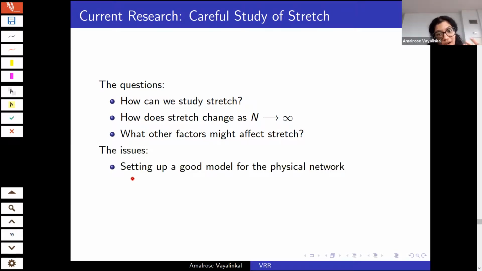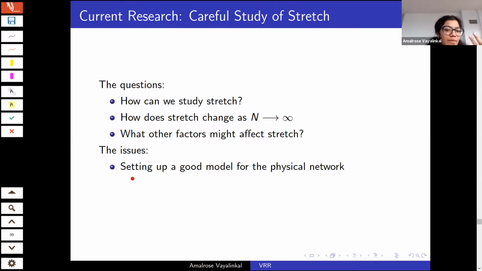And the main struggle we have is setting up a good model for the physical network, right? Like I said, we want some amount of connectivity, but not too much and not too little. It would also be nice to have something familiar that both my supervisor and I are used to working with, so we can apply familiar math concepts to it, right? And we also want it to have a well-defined shortest path.